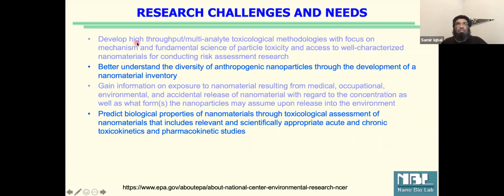So high throughput, multi-analyte toxicology methodologies, high throughput. Like I take a sample, whether that's from my nose, where they are finding accumulation of virus, wherever it's from. Can we do high throughput? Meaning just look for 20 organisms, multiplex, and get the answer in 2 hours.